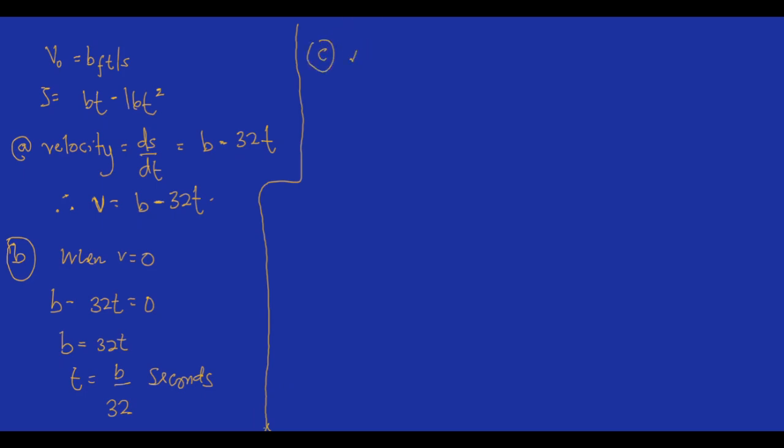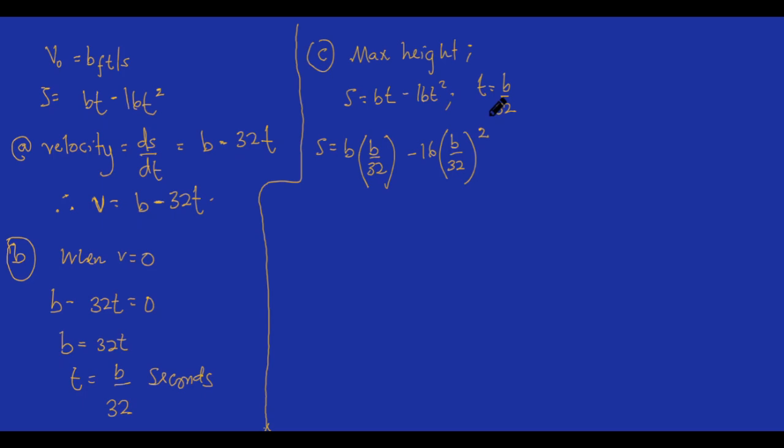To find the maximum height, we can now substitute the time it takes for the ball to get to its maximum height into s. s is bt minus 16t squared, and we know that t is equal to b over 32 for the ball to be at its maximum height. Therefore, s is equal to b multiplied by b over 32 minus 16 multiplied by b divided by 32 raised to the power of 2.